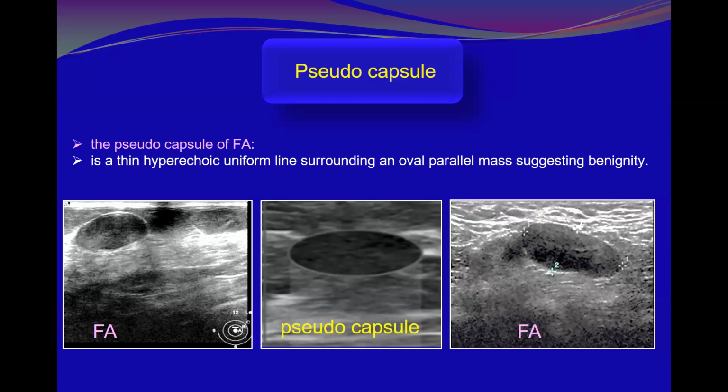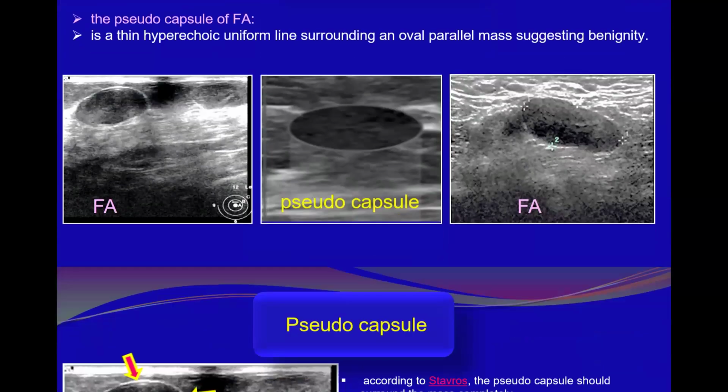It has to be oval, it has to be parallel, suggesting benignity. It is thin, it has to be thin, uniform, and complete.